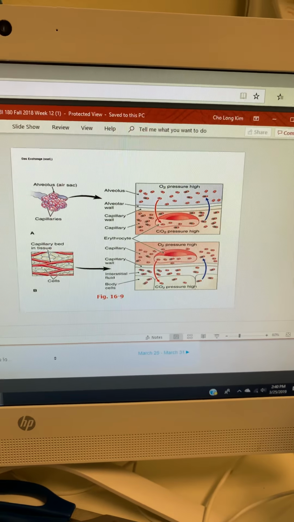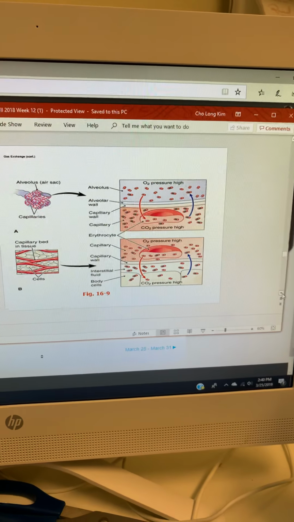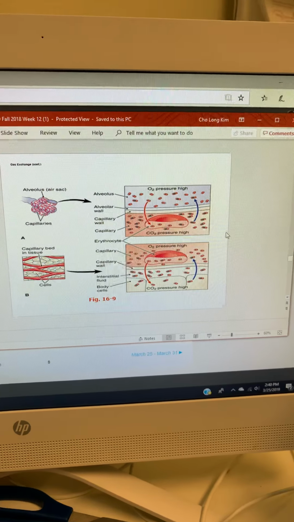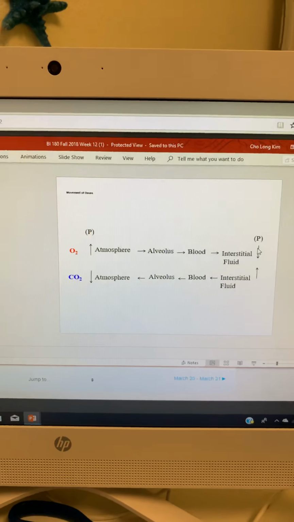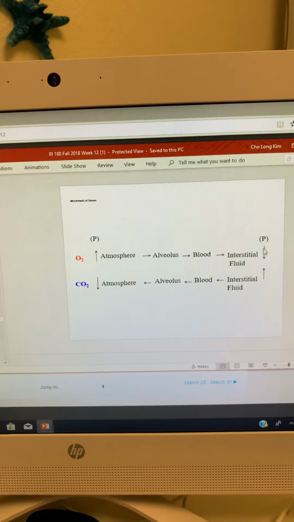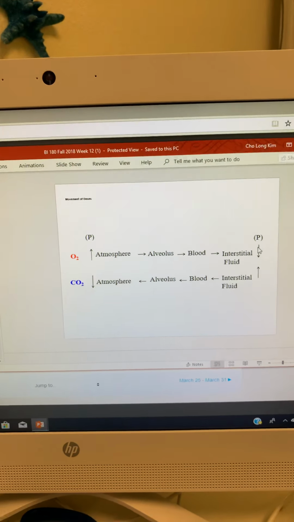With gas exchange, you can see all of these different ways this is described to you. If you like one specific way of doing it, be my guest.